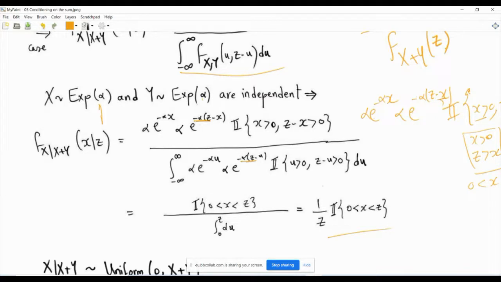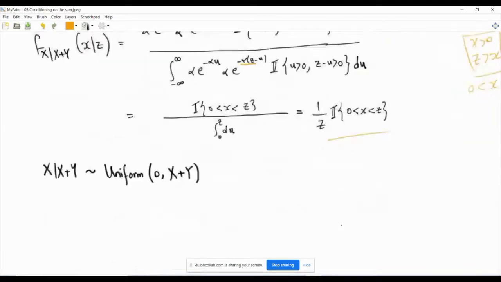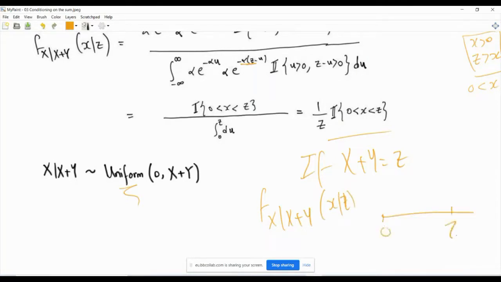Basically, x given x plus y is uniform from 0 to x plus y, which means that if x plus y is equal to z, the PDF of x given x plus y will be uniform from 0 to z. So this will have height 1 over z, and 0 elsewhere.